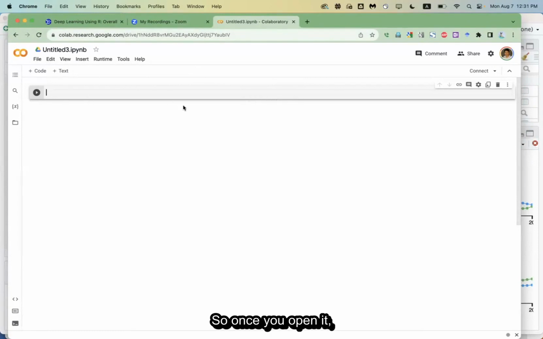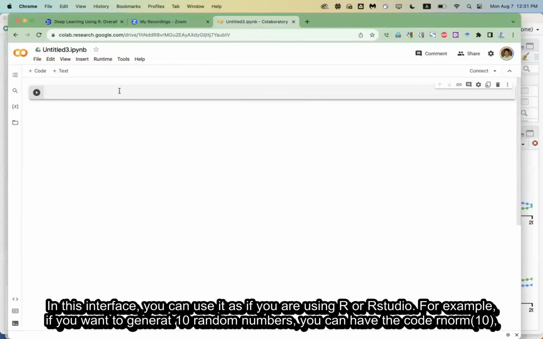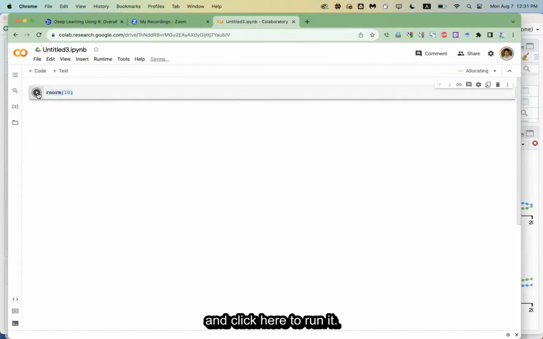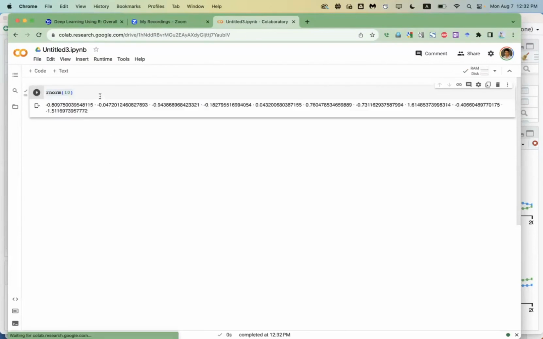Once you open it, it has an interface like this. In this interface, you can use it as you are using R or RStudio, for example. If I want to generate 10 random numbers, I just type the code rnorm(10), and then click here to run it. And then it gives you the 10 random numbers.